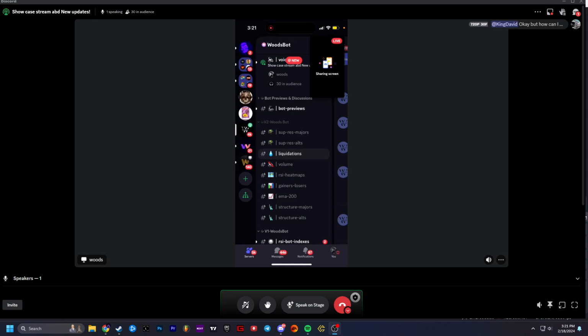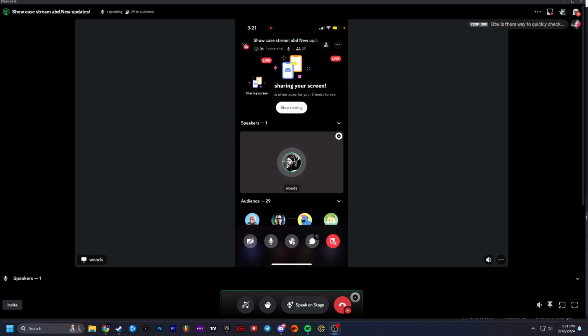After a new partnership, we like to wait for a week or a month of price action, so we can gauge everyone actually using the bots. But anybody that has deposited in Blofin has access to all my bots except the Woods AI bot. No one has access to the Woods AI bot except beta testers, and it's not out to the public yet. So do not worry. Anybody that's trading with volume, we realize that, and we give you VIP.